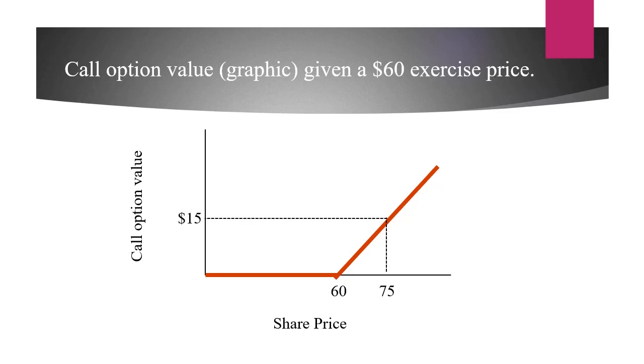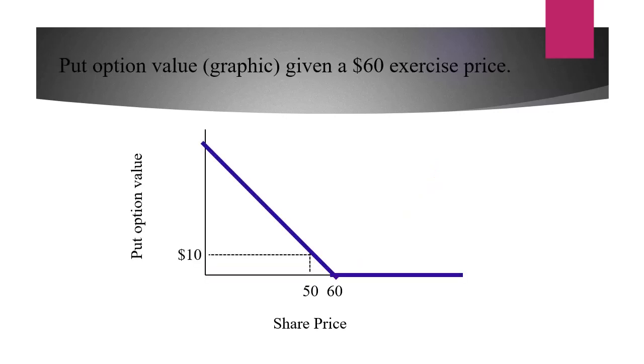It's the exercise price point. Soon after that, as the price of the stock increases, let's say $70, the payoff is increasing, and at this price of a stock, the difference between the stock price and the $60 striking price is $10, and that is the call option value.